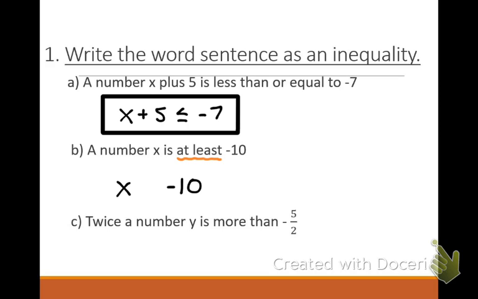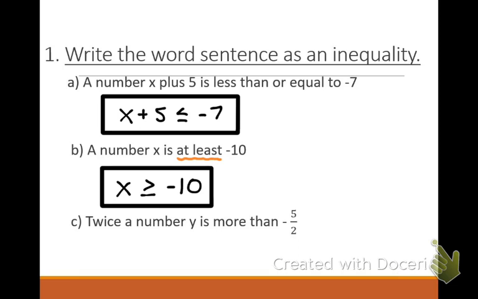It says at the very least it will be -10. Okay, very good. If it says at least, that means yes, it can be more than. Then, if it says it's at least -10, is it allowed to be -10? Yes, it is. So what else do I need to put here? The equal sign, because it is allowed to equal exactly -10.